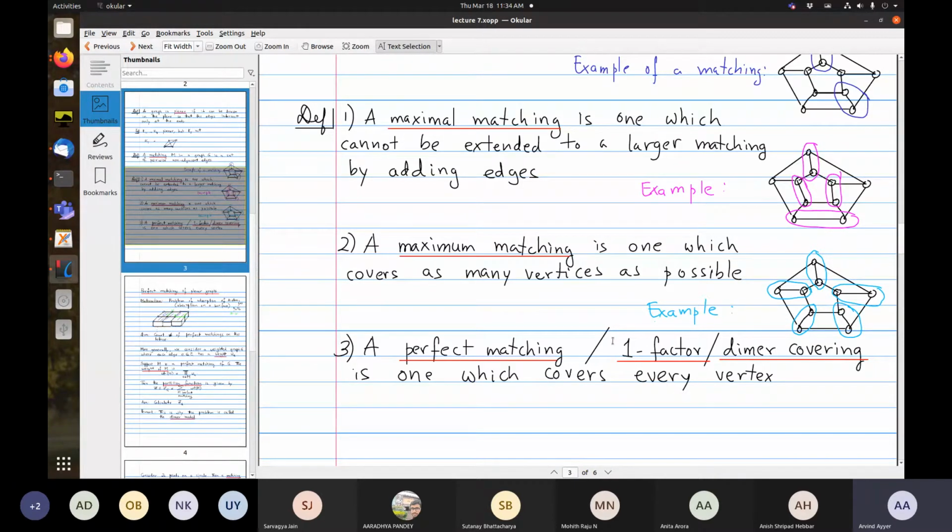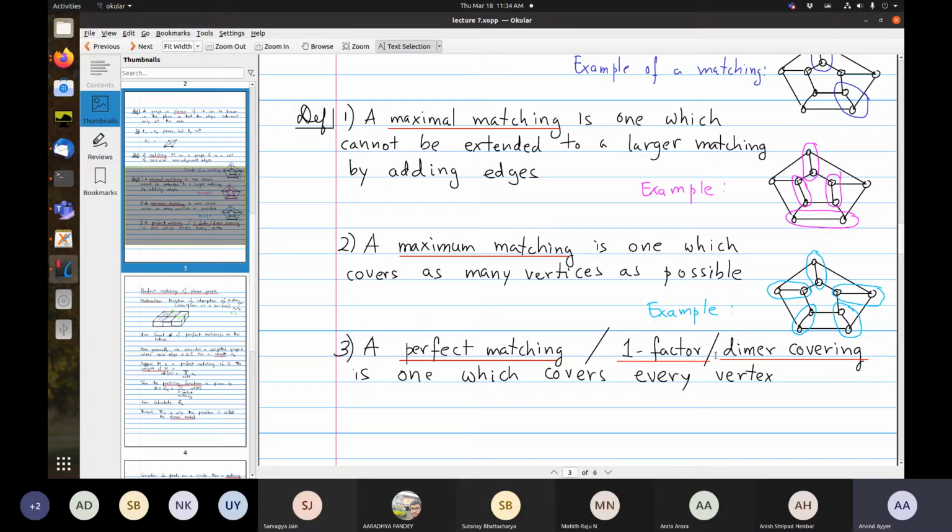And I didn't explain why it's called a one factor. So in general, a k factor is a subgraph such that each vertex in that subgraph has degree k. So here each vertex has degree 1, so it's called a one factor also.